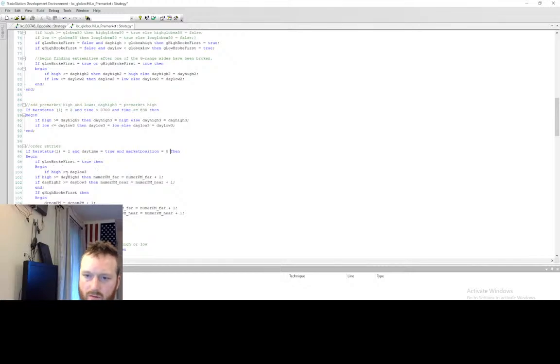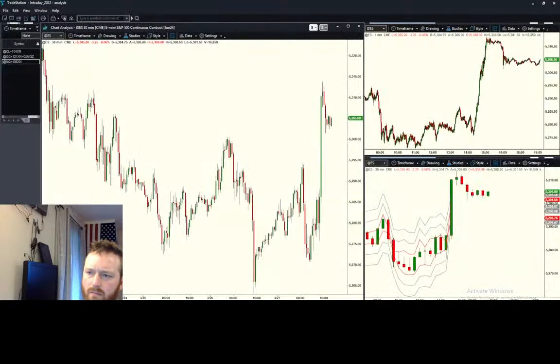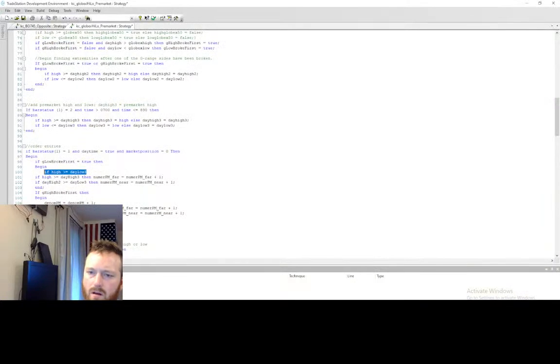So if the Globex low broke first and the high is greater than day low 3, then market order, screw that. Where do you want to place the order? Halfway point between pre-market? I'd say 25% of pre-market.